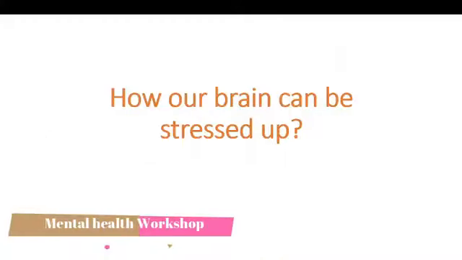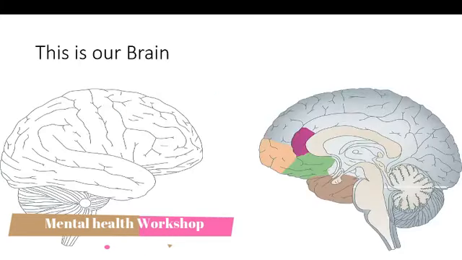And basically, we will be able to talk about how our brain can get stressed out and what are the factors that cause this. And this is an analogy. I want you to watch this. It's going to be interesting. And on my next slide, you look at this.